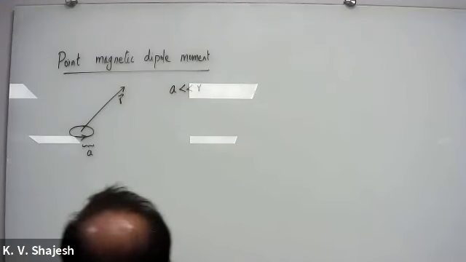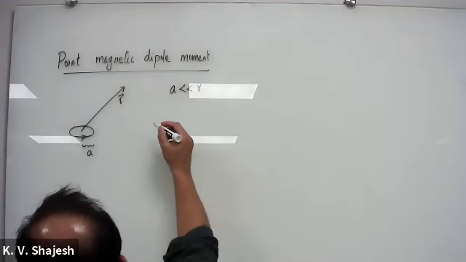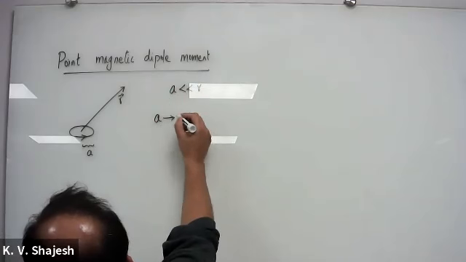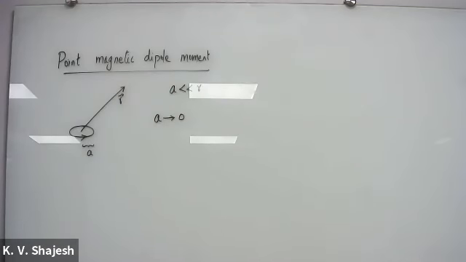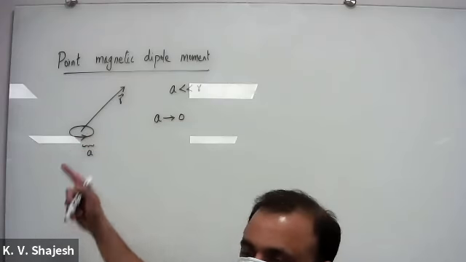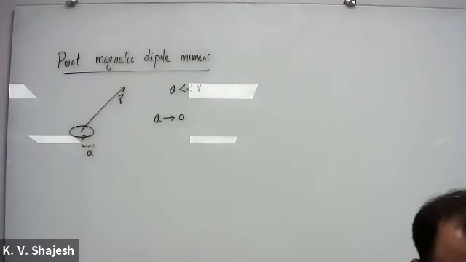But let's take the extreme scenario where A tends to 0. Then you would say, oh, that's almost meaningless. The current loop doesn't exist at all, it goes to 0.